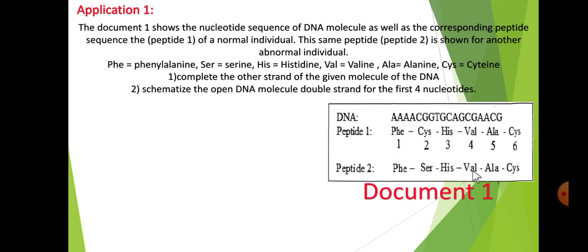Histidine, valine, alanine, cysteine are the same. So the main difference is in amino acid 2. Here we have cysteine, and it is replaced by serine in peptide 2. Again, peptide 1 is for the normal individual while peptide 2 is for the abnormal individual.